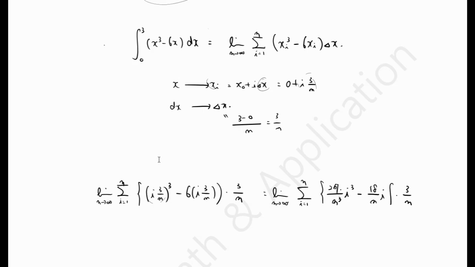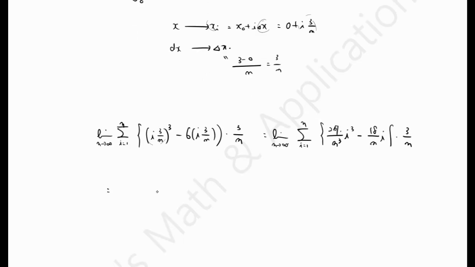That is 3 over n times 27 over n cubed, sum from i equals 1 to n of i cubed, minus 18 over n, sum from i equals 1 to n of i.